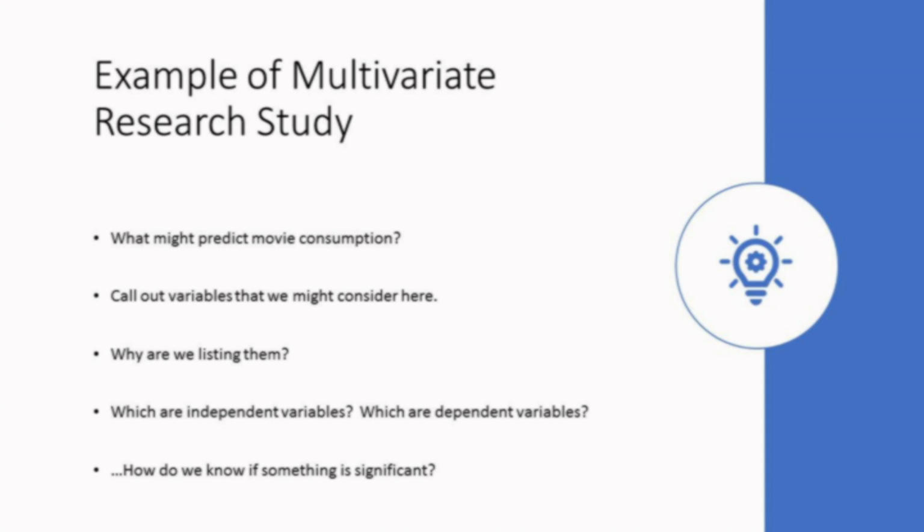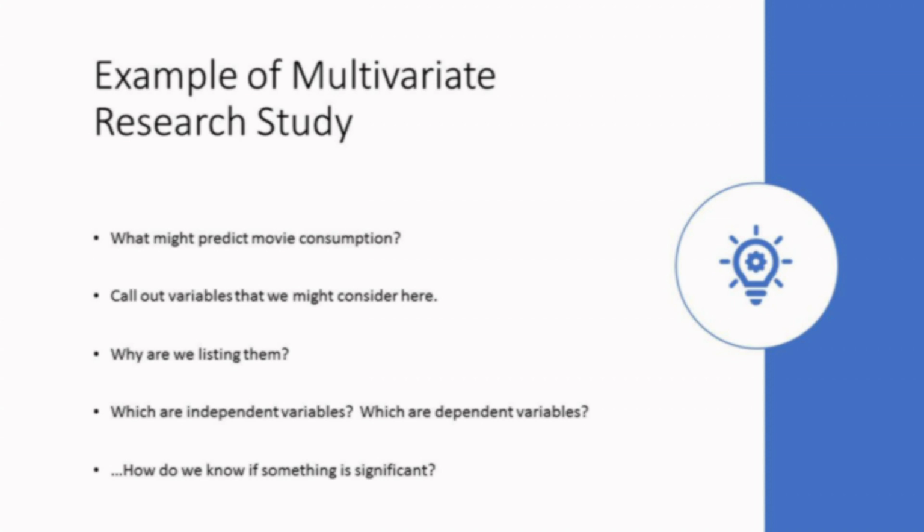We list variables first before we do anything, just to get a sense of the different measurements that are available to us before we go into something. It's important to list which are independent variables and which are dependent variables. That depends on what you want your outcome to be. Are you just interested in what predicts people going to the movie theater?